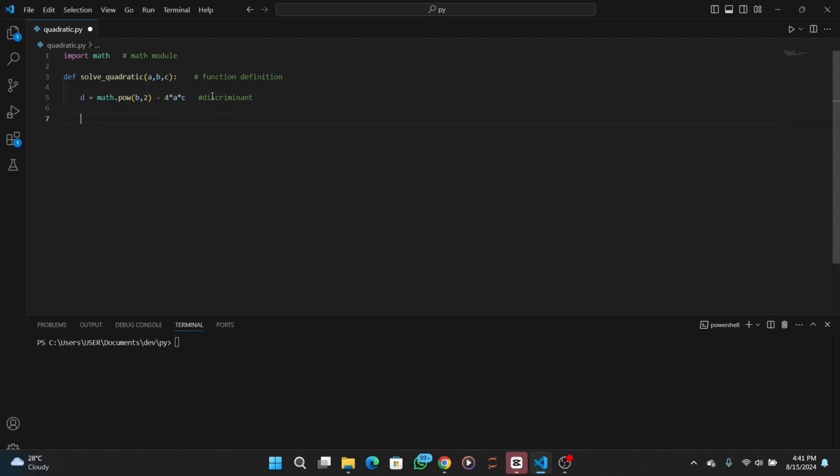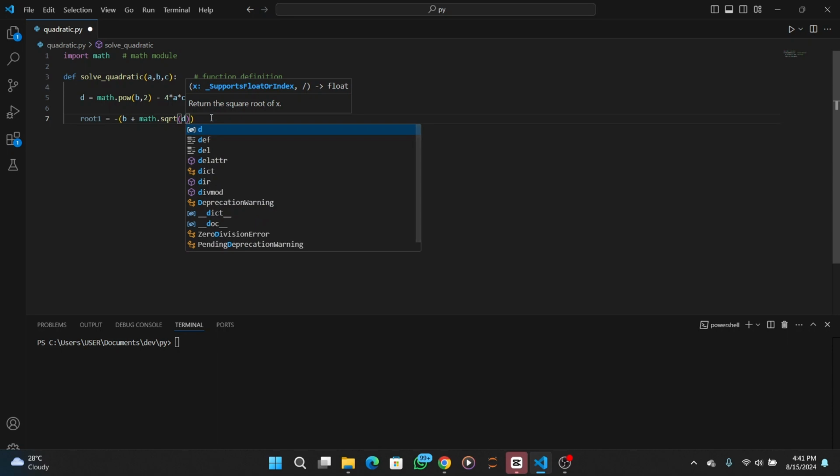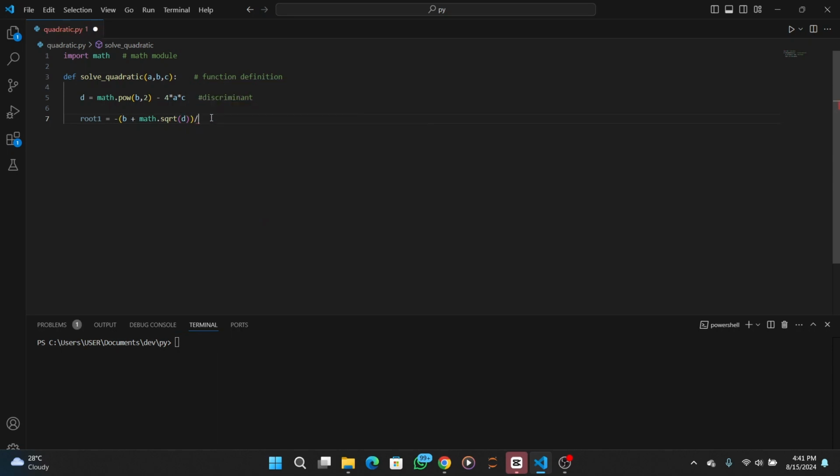So the next thing is to define the first root and the second root. So my root 1, which is the first solution of the quadratic equation, is given by minus b plus math dot square root of my discriminant, then over 2a.